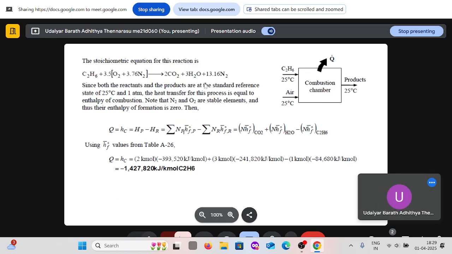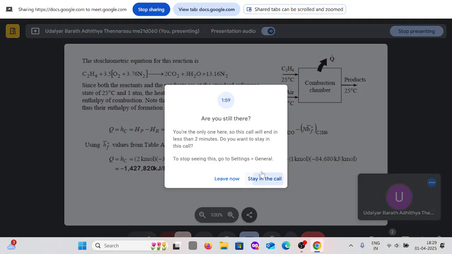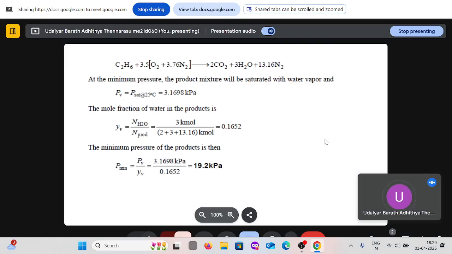So we found out for complete combustion of ethane, 1 mole of ethane burns with 3.5 moles of air to give 2 moles of CO2, 3 moles of water and 13.16 moles of nitrogen.